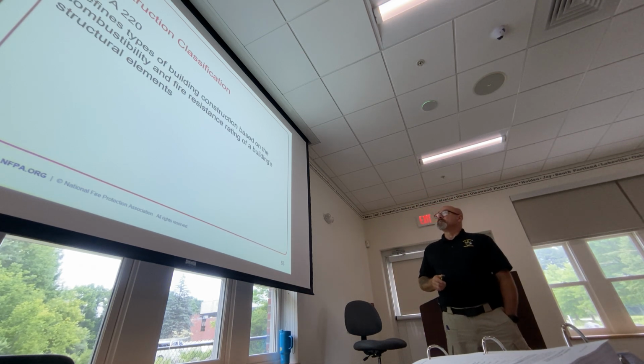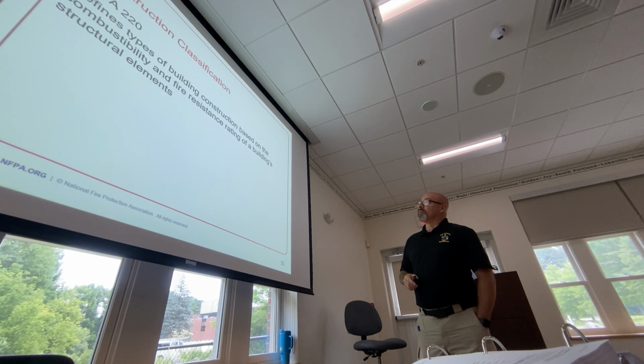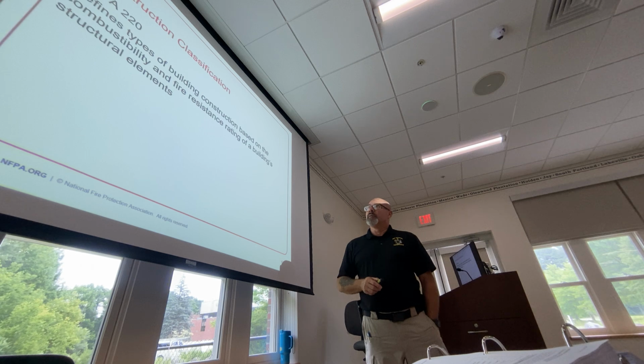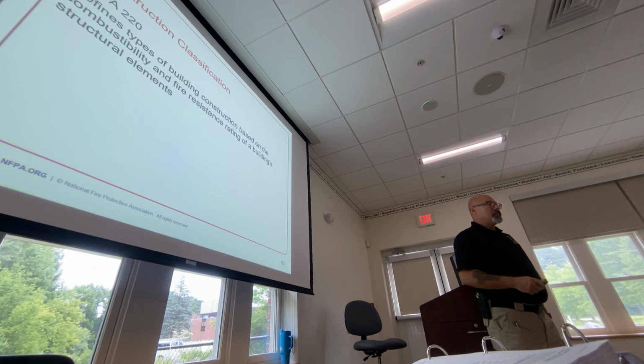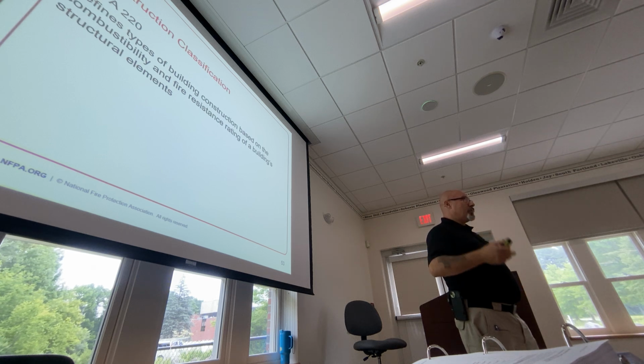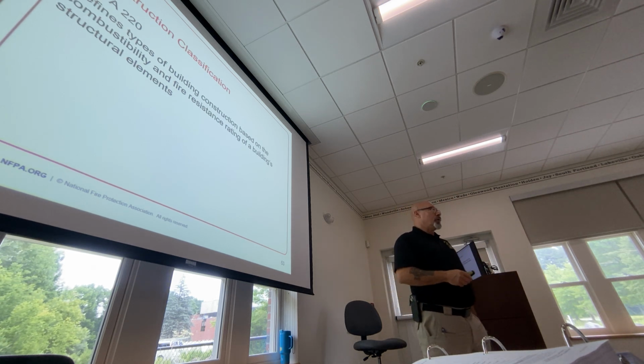But it defines types of building construction based on the combustibility, fire resistance rating of a building and structural elements. If we have a steel building, masonry buildings, those are all non-combustible type buildings.